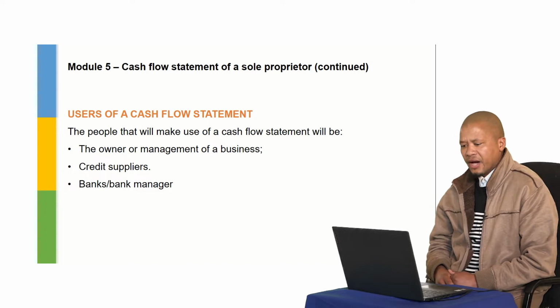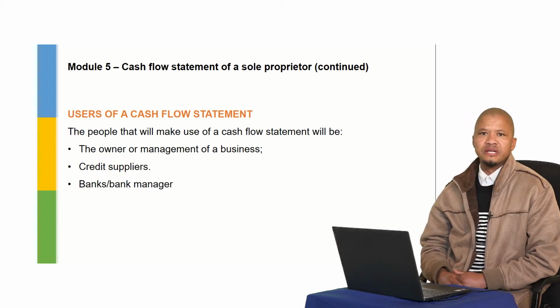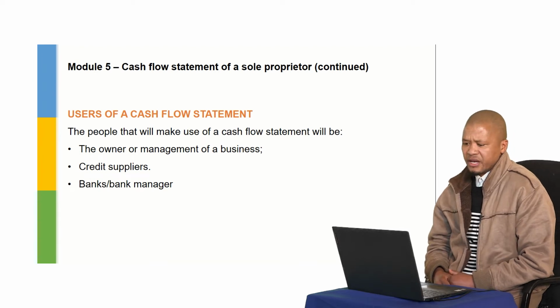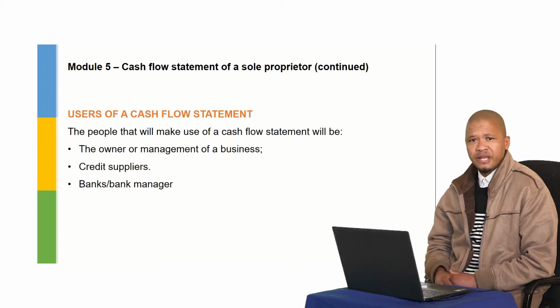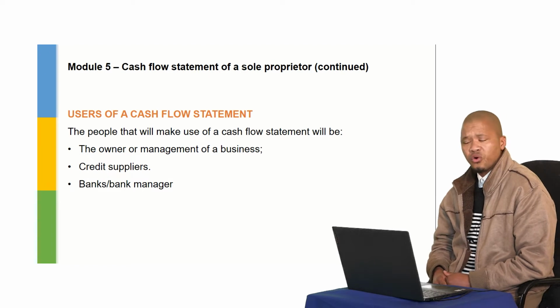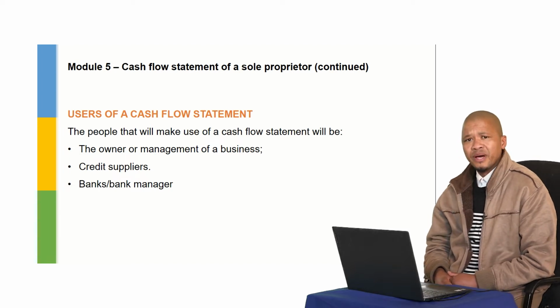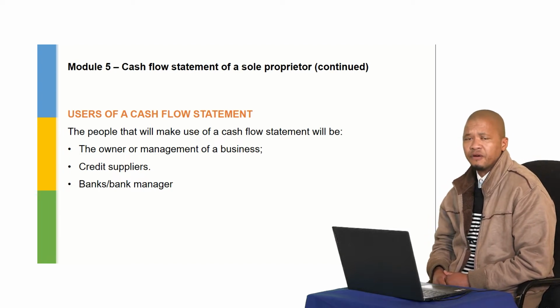Right. The other important thing in this report is who the interested people are in these financial statements. Specifically, it will be the business owner, the sole trader, whether the business is making profit or loss. The other interested parties will be your credit suppliers, who will determine whether you will be able to pay them at the end of the month.